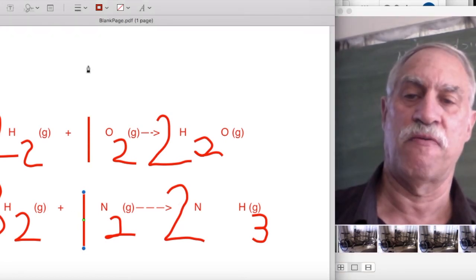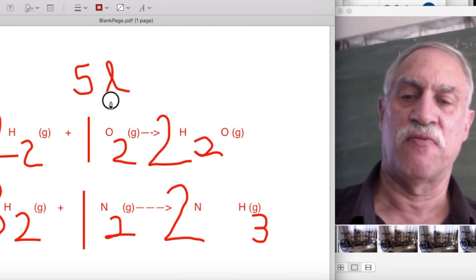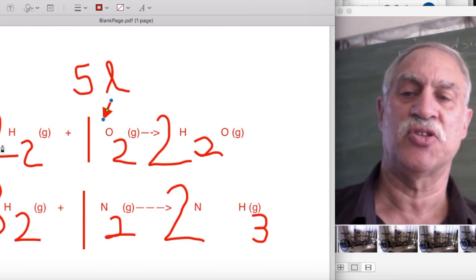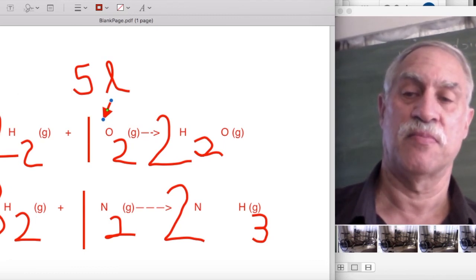Let's say we got 5 liters of oxygen. I wonder how many liters of that we'd need. How many liters of that would we need if we have 5 of those? Well, don't we have to have double the amount? So if here we have 5 liters, here we're going to have 10 liters.